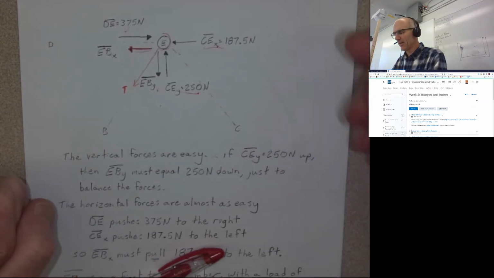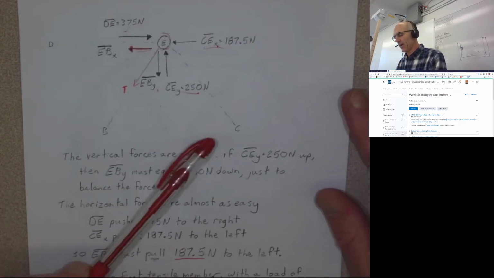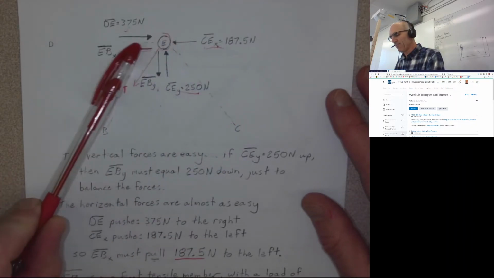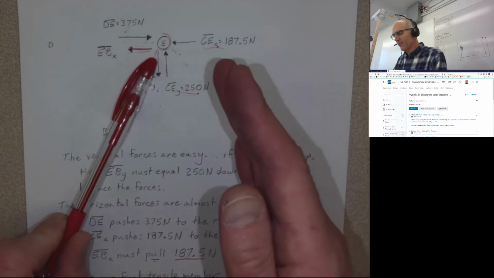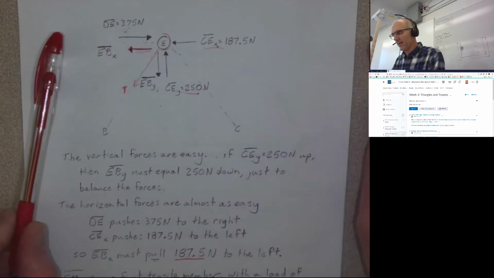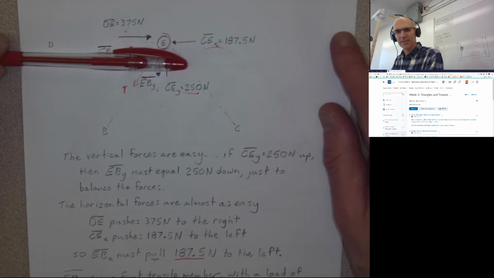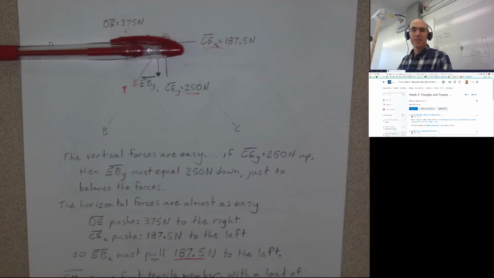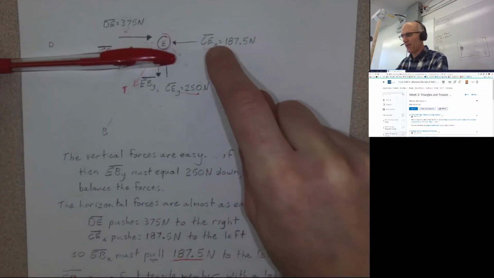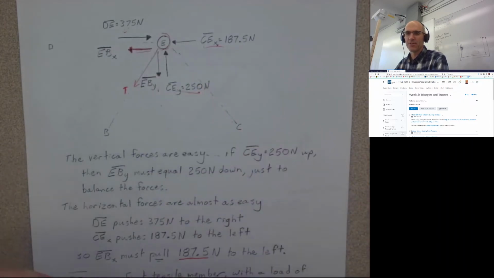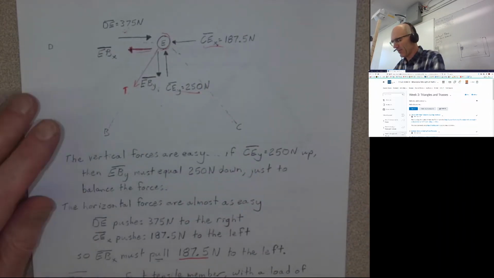If there's a string right here, that member E would be pulling that way. So this is pushing right up in here, and this is pulling, and those two pushing and pulling forces acting on E are exactly equal to the force that D is pushing over here. And if it seems like a miracle that they've canceled out, it's not. It's a requirement. Okay? Everything will work out and resolve, and all the sums of our forces have to equal 0 for this structure to stay in one place.